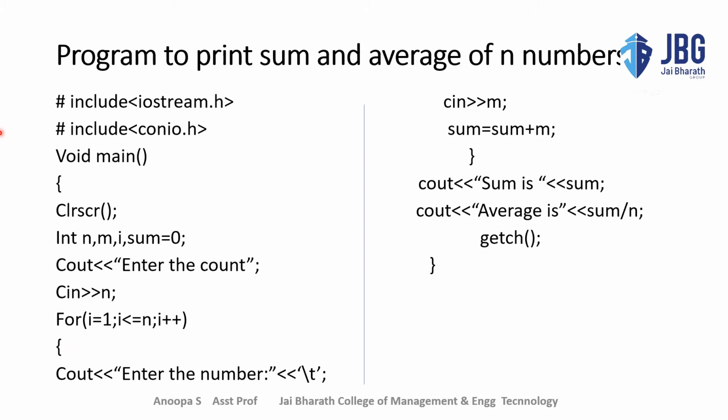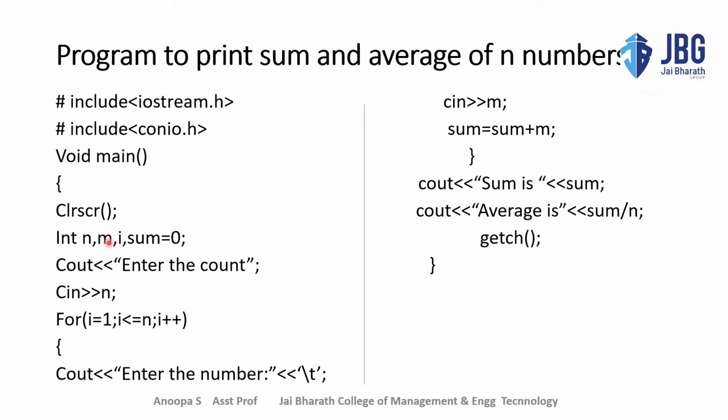Again, I have included two header files, iostream.h and conio.h. Then our main function opens. Now clear screen to get the output screen clear. I am initializing four variables: 1, 2, 3 and 4. n is used for storing the count.